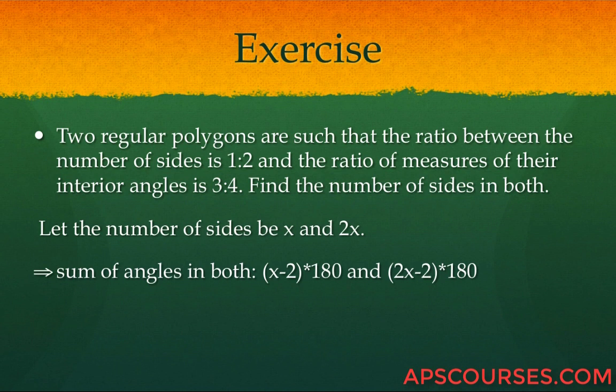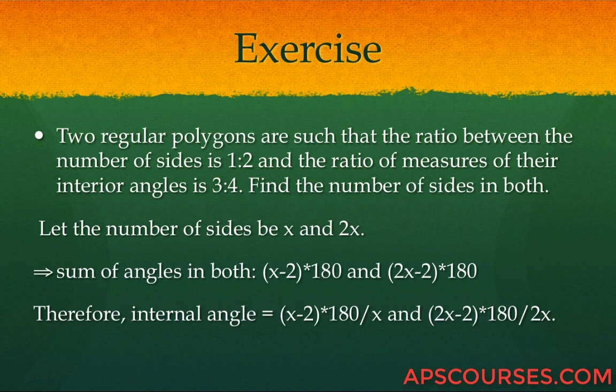We know the sum of angles for both the polygons is (x minus 2) into 180 and (2x minus 2) into 180. Therefore, every internal angle will be (x minus 2) into 180 upon x and (2x minus 2) into 180 upon 2x, and this ratio is equal to 3:4.